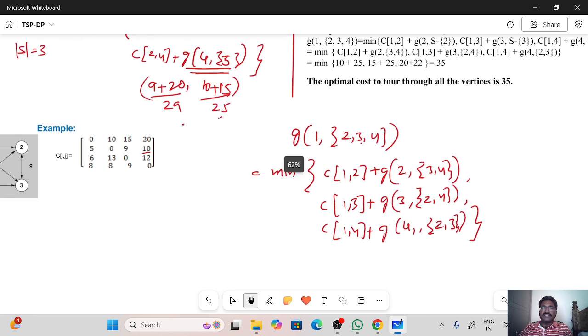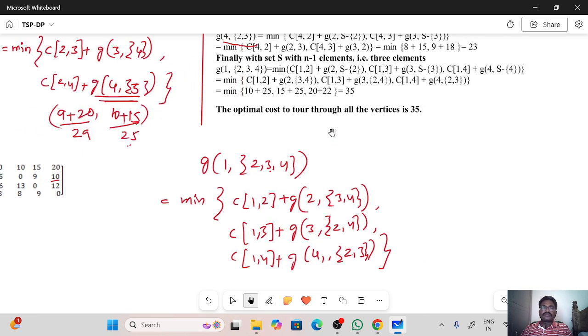So, like this equation. Then we get these values and we get the final value as 35.